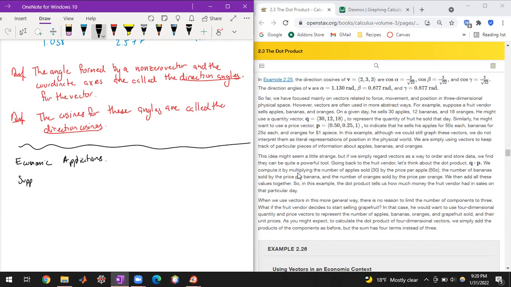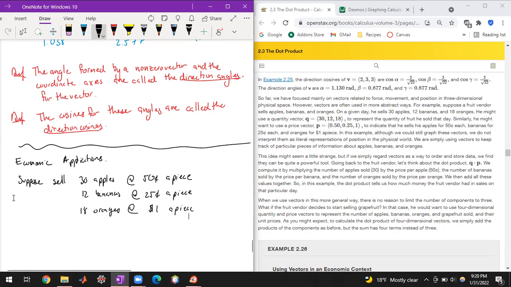So suppose we sell 30 apples at 50 cents a piece, 12 bananas at 25 cents a piece, and 18 oranges at $1 a piece.